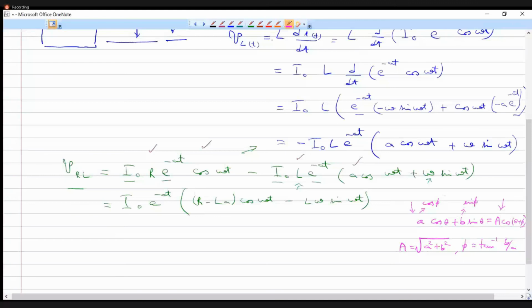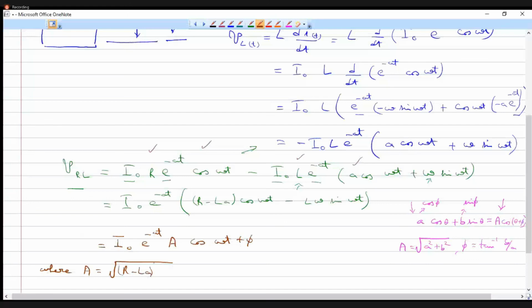So a similar treatment could be done here also, so I'll simply write out the result here. Once you do that, I can write this as equal to I naught e power minus αt into A cos of (omega t plus phi), where A is equal to root of (R minus L α) the whole square plus (L omega) the whole square.